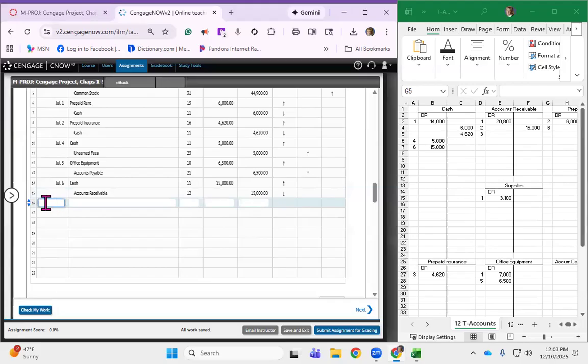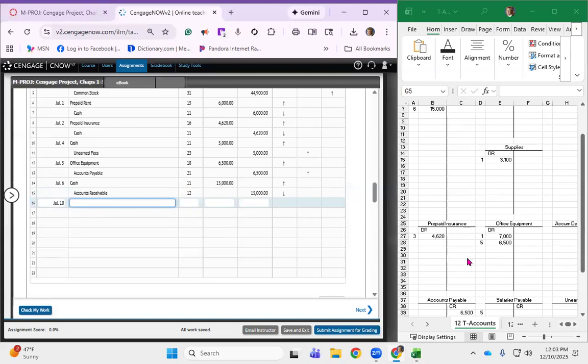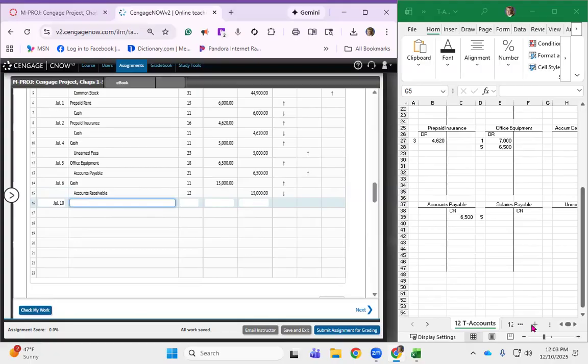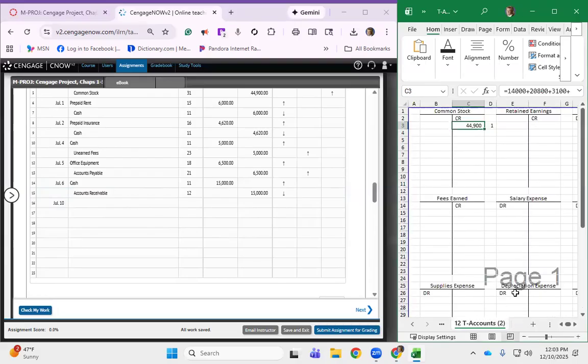Then on July 10th, it says paid cash for a newspaper advertisement. So I believe that we have an advertisement expense account. So you're going to need to go to the second. Okay, hang on just a second.